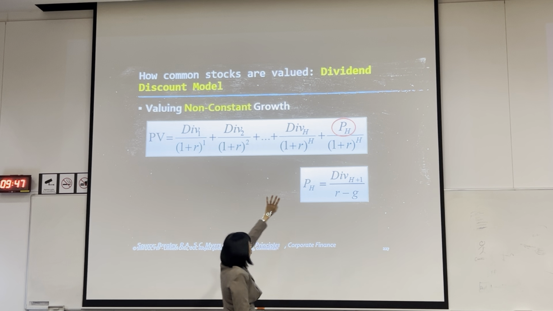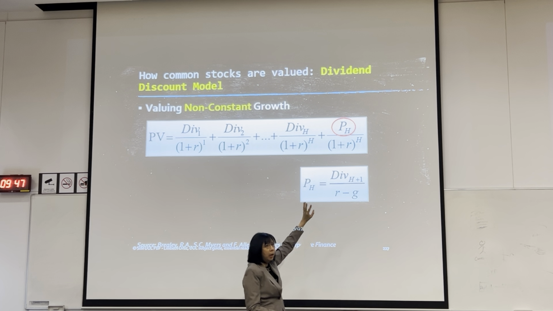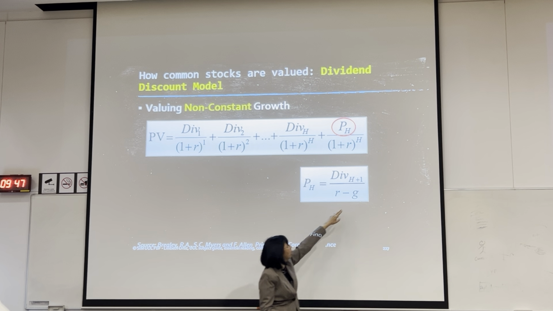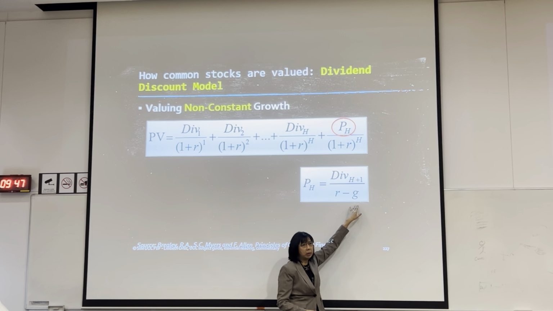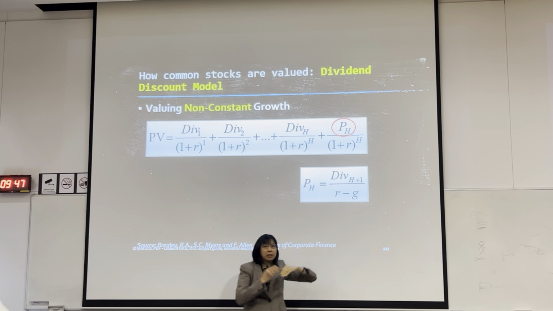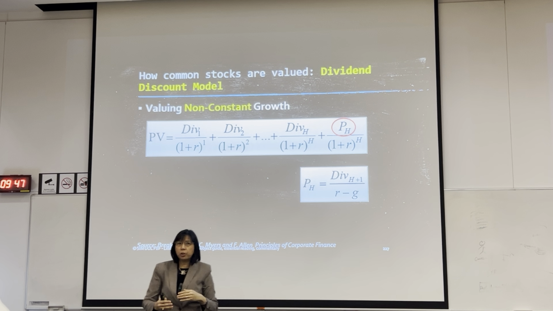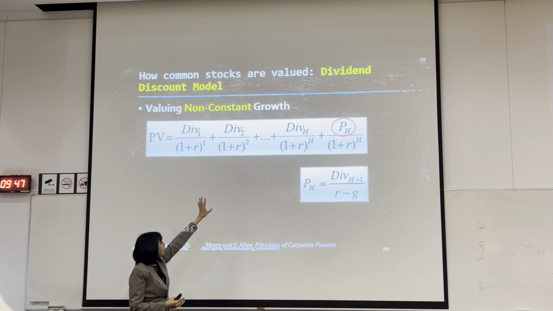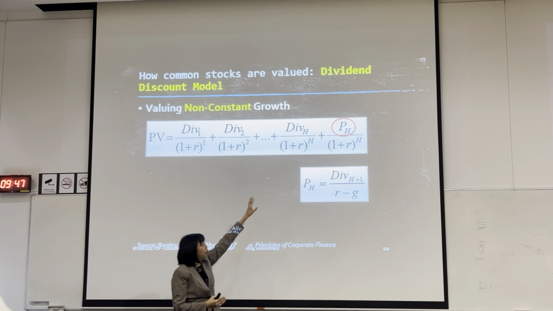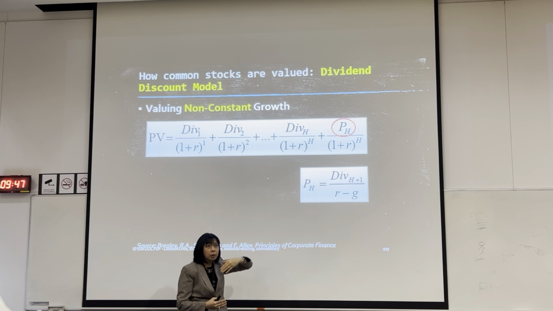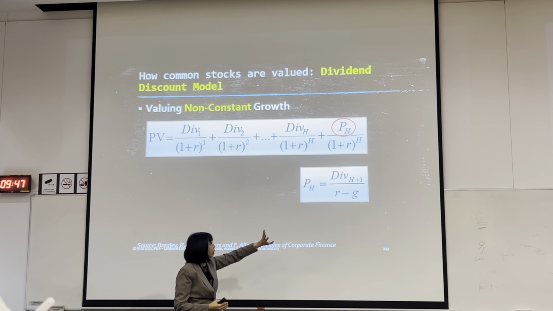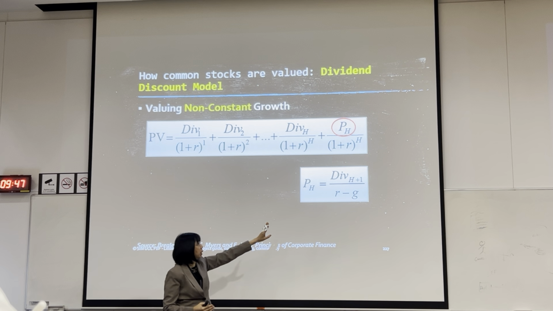Maybe you plan to just hold it for 4 years, and then you just assume from 4 years onwards it will keep growing by a constant rate. Right? So this is like the two-step valuation method. You discount its near-term cash flows, then you have some assumption about the cash flows until perpetuity, until forever, right? That from here onwards it will grow by a constant rate.